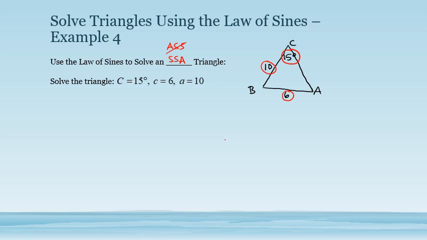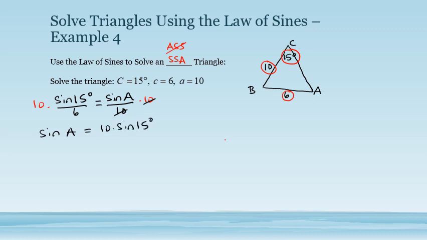I guess I will use my anchor, and I will say the sine of 15 degrees over 6 is equal to, I'm going to have to work with angle A because I know side A, and I'll multiply both sides by 10, and it looks like there's going to be an inverse involved, so the sine of A is equal to 10 times the sine of 15 degrees over 6.